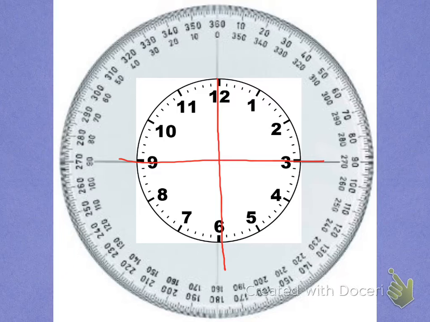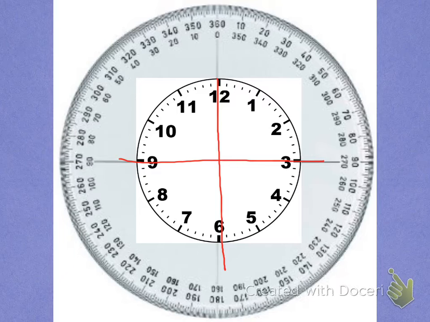Okay, so with us putting the clock and the protractor together like this, it helps you see that if I have a 1/4 of a turn on the clock, that is going to be a 90-degree angle. Or depending on which direction we're going, it might be 270 degrees.